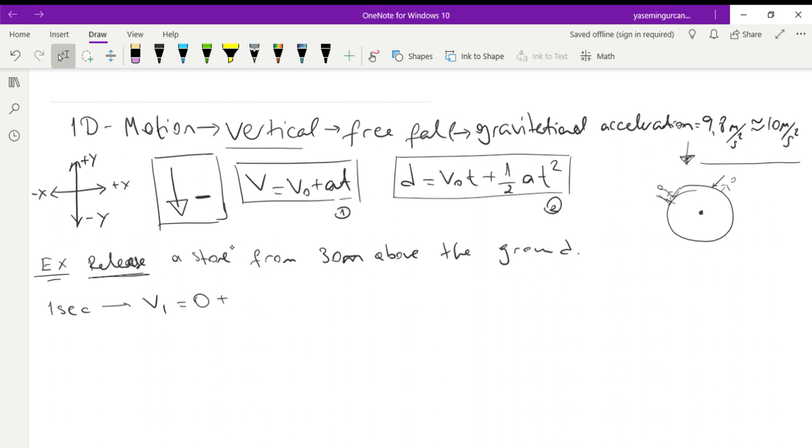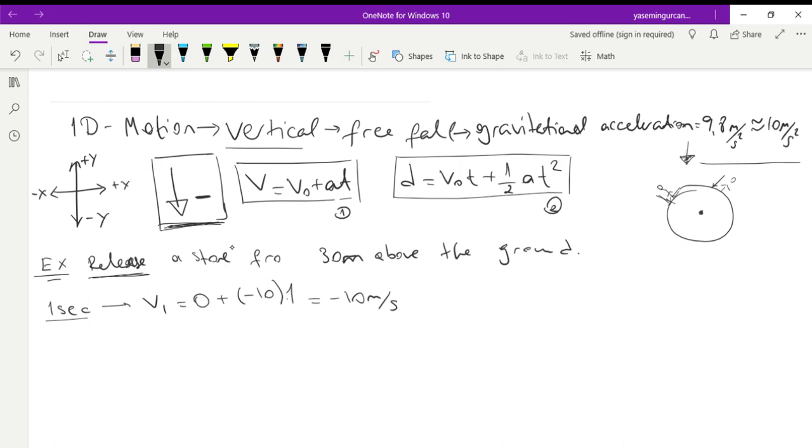And personally, as I said, down is always negative for me. So I'm going to write minus 10 for the acceleration times t, which is 1 second in this case. I'm looking for what's going to happen after 1 second. So this is going to give me minus 10 meters per second velocity after 1 second of fall.